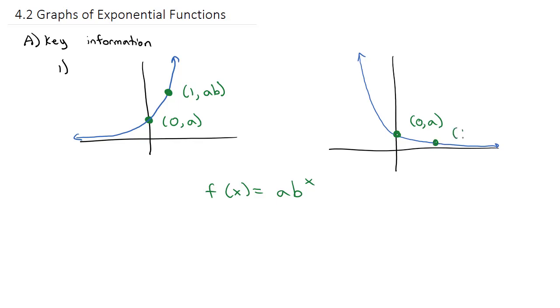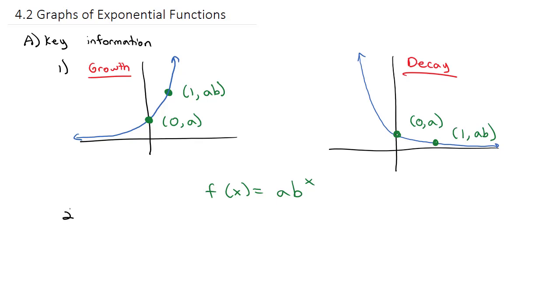If it's growing, b is going to be a bigger number, and if it's shrinking, b is going to be a decimal or a fraction, depending on if it's growth or decay. So growth looks like the first graph, decay looks like the second graph. Either way, that's going to be the general shape of the graph.